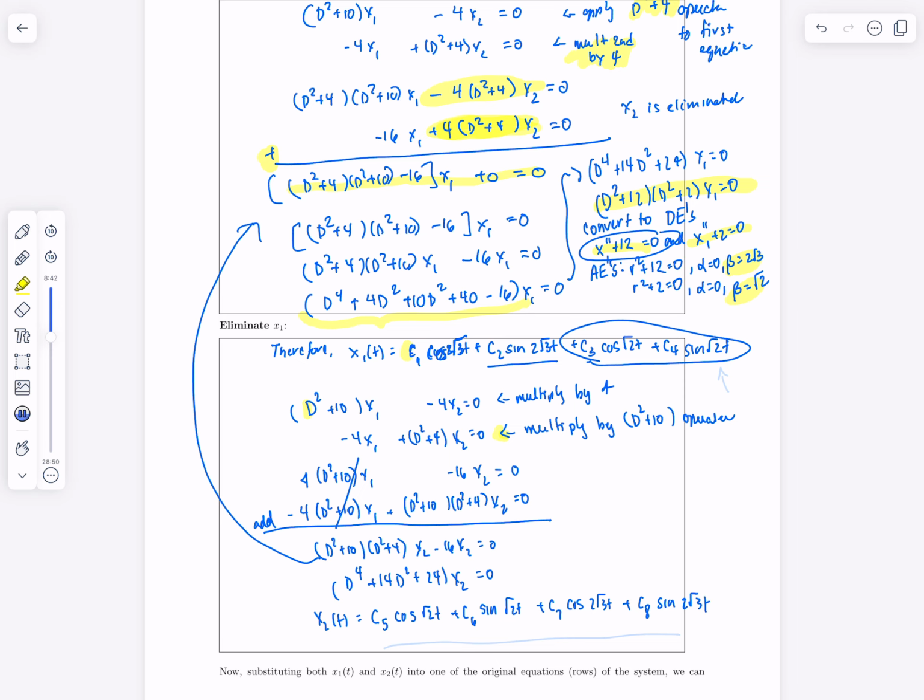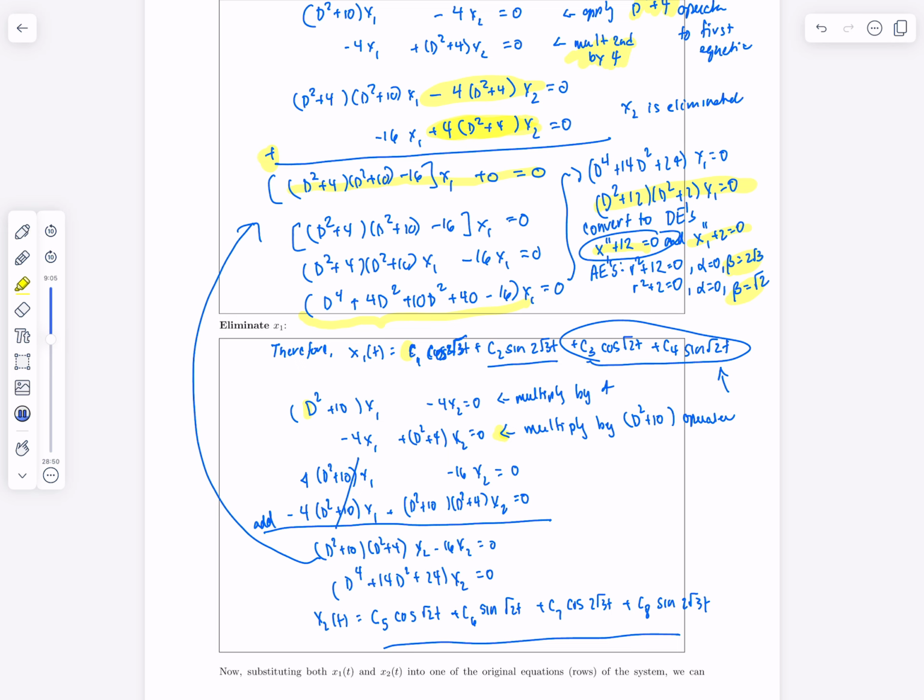So I just wrote it in a little bit different order. But notice these are all different constants than the other one, right? It's a different differential equation. We can't necessarily assume that these constants down here are the same as the constants that we have up here, right? 1 through 4 up there and 5 through 8 down there.